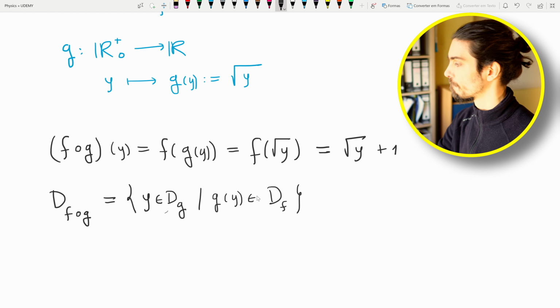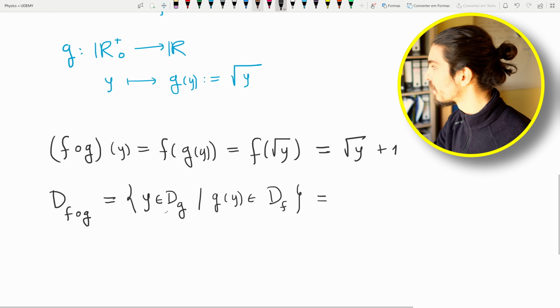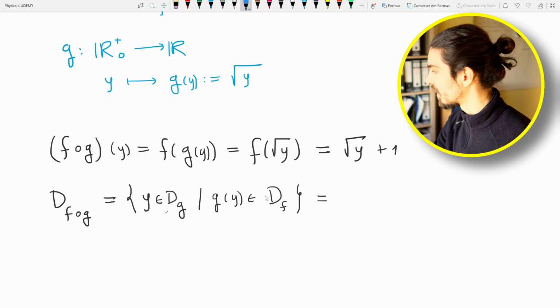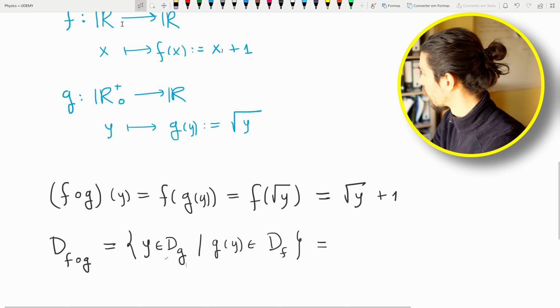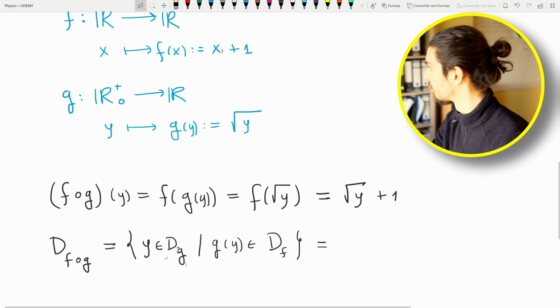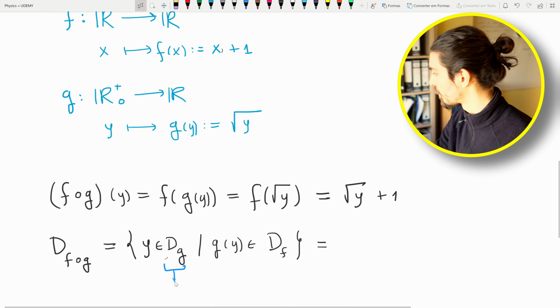Can you see? Now, specifically, we know what is this thing and this thing, because we have just defined it, okay? So, the domain here is all the reals, positive or 0. So, here we find all reals, positive or 0.